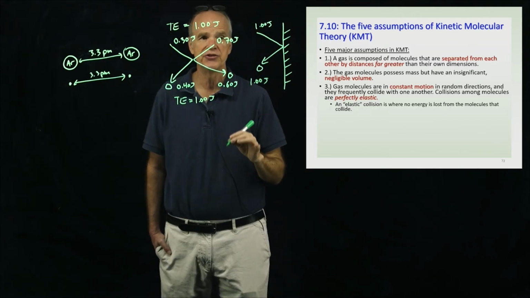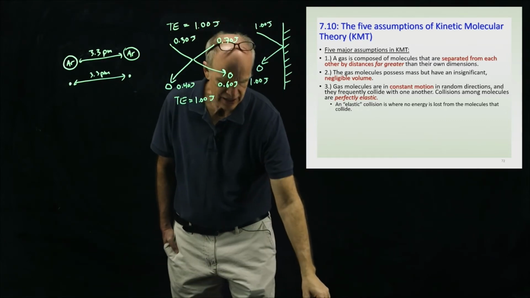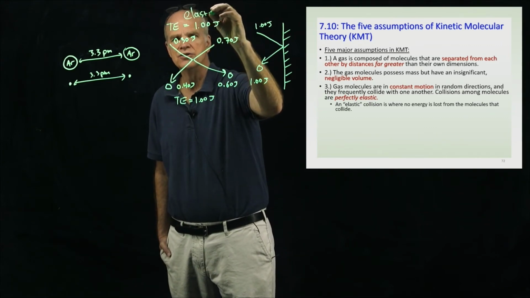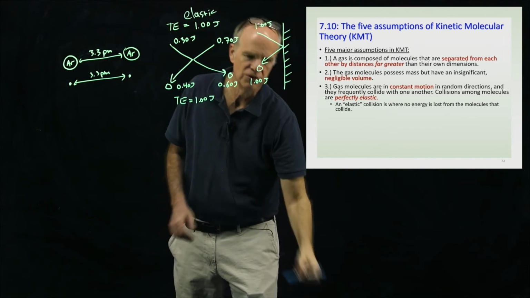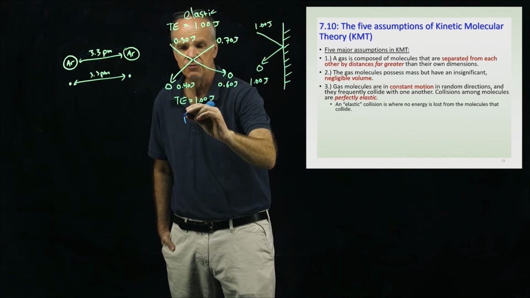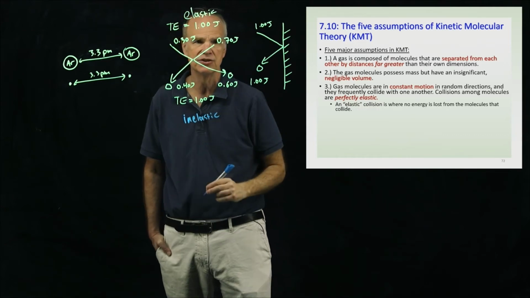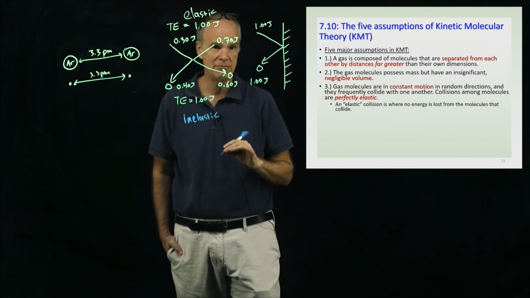And if so, this is said to be an elastic collision. Now, these are again examples of elastic collisions. Now, let me show you what really happens. Instead, what really happens is that you have slightly inelastic collisions. So let me give you an example of that.